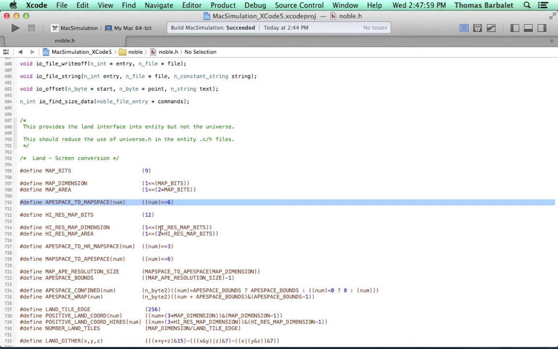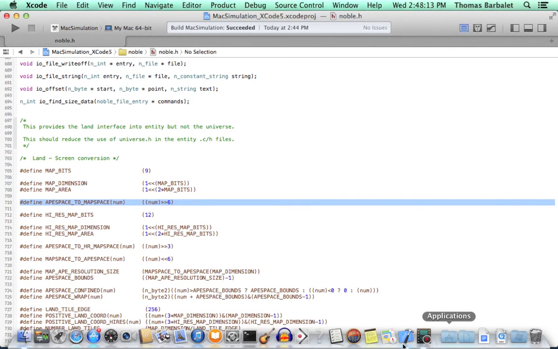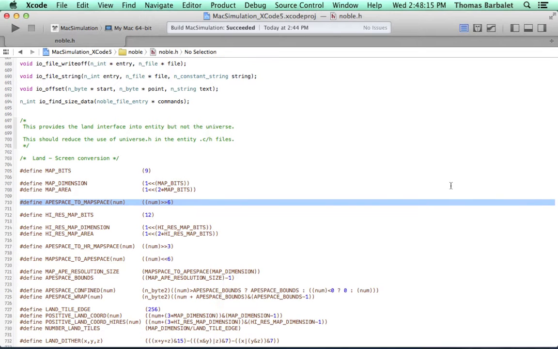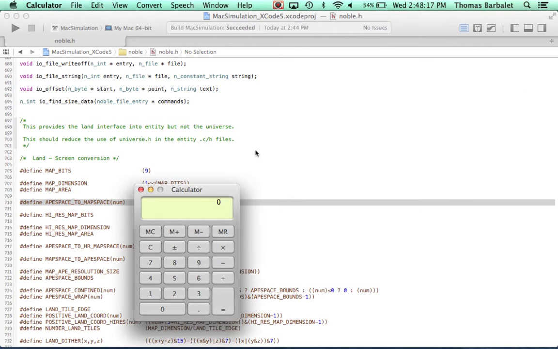I don't think 4096 is 512 times 64. Pretty sure that isn't the case. Anyway, and then you have the ape space resolution, which is even finer. Let's do some calculation, when in doubt.